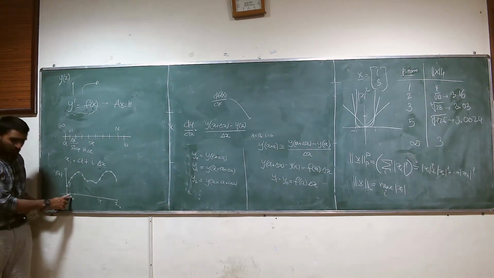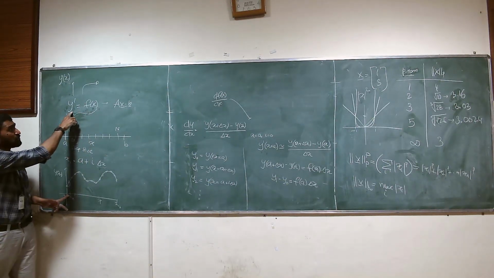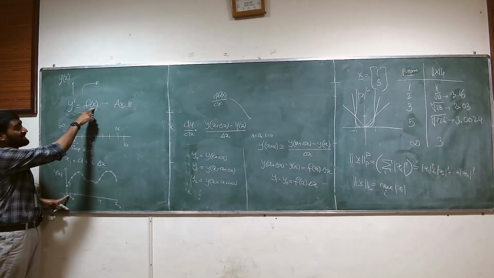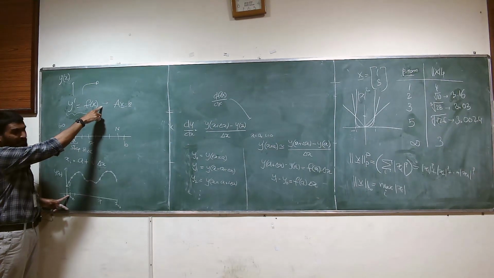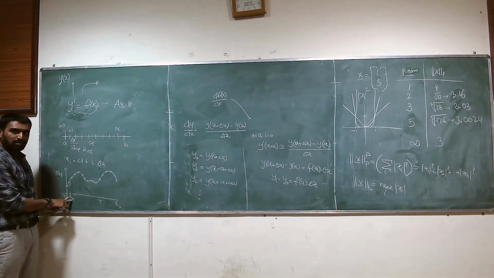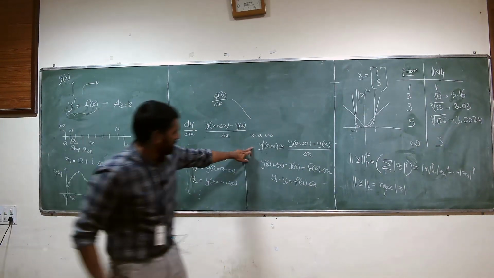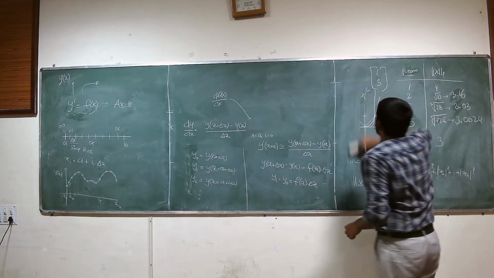Now I move to the second point. At the second point, y dash equals f of x, that means y dash equals f of a plus delta x. What is the approximation of y dash when x is a plus delta x? Well, use the same approach.